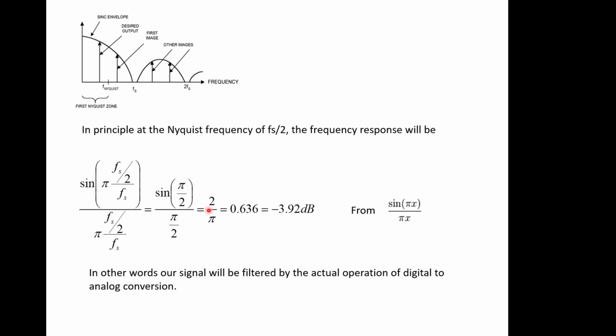And if you work that through, you end up with 2 over pi, 0.636, or minus 3.92 dBs. So the difference of a signal coming in here in this band and having it at the Nyquist frequency is already 3.92 dBs of attenuation because of the frequency response, the filtering nature of the sample and hold system. So we have to remember that.